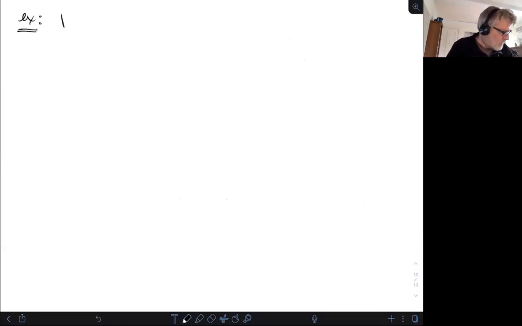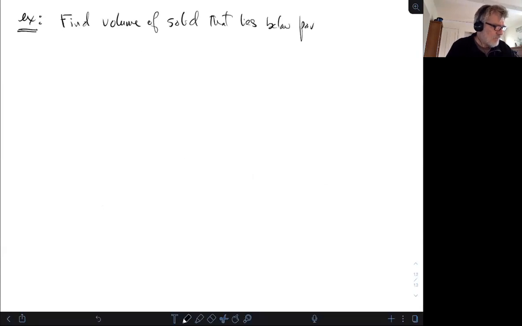So we're asked to find the volume of the solid that lies below the paraboloid z equals x squared plus y squared and above the region S in the xy plane, which is bounded by the following curve.